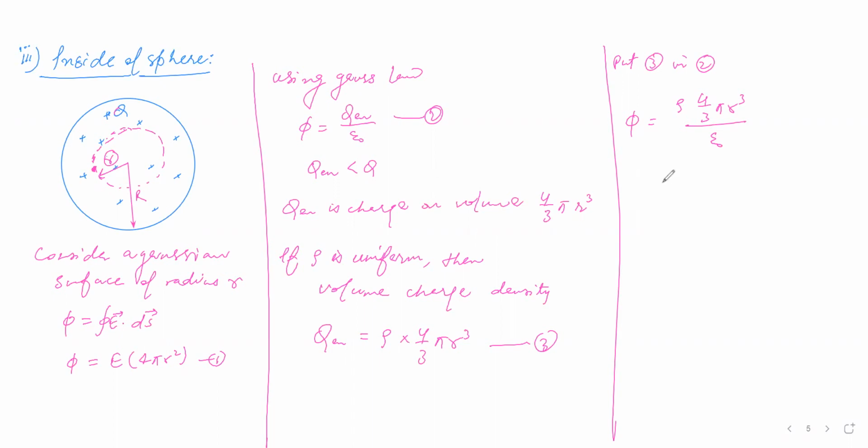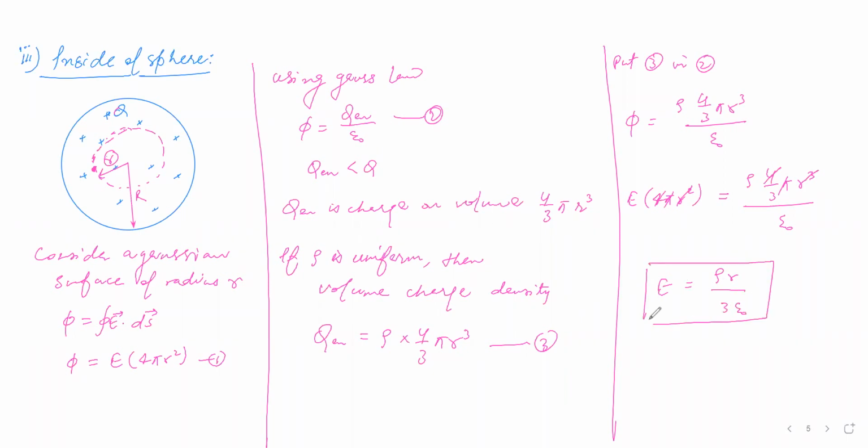What is the value of phi? Put the value of phi here. E into 4 pi small r square is equal to rho 4 by 3 pi small r cube over epsilon naught. 4 pi is cancelled with 4 pi, and r square is cancelled here. You get E is equal to rho into r over 3 epsilon naught.